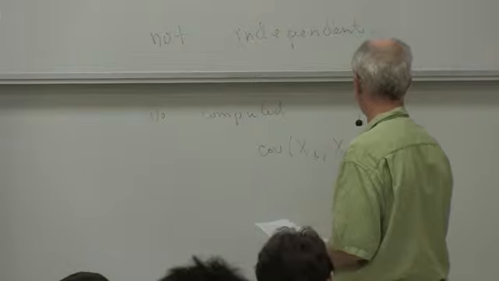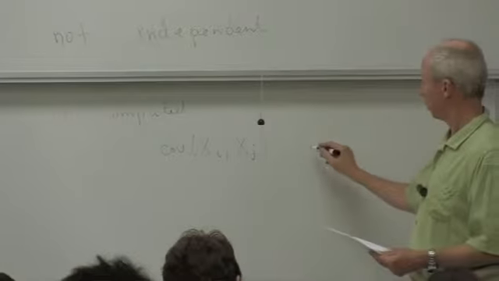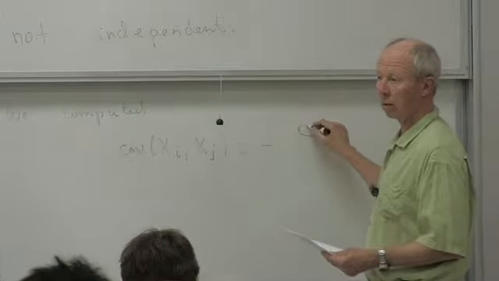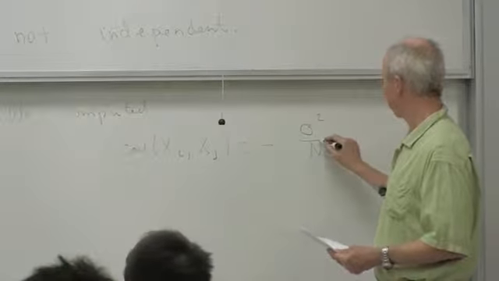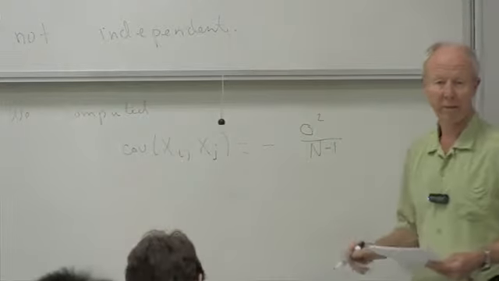Of xi and xj. And what do we get? Was it -1? Or was it n?